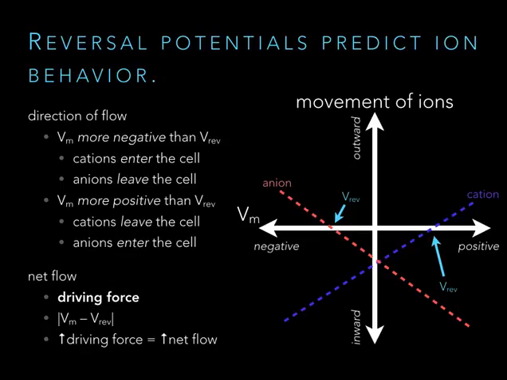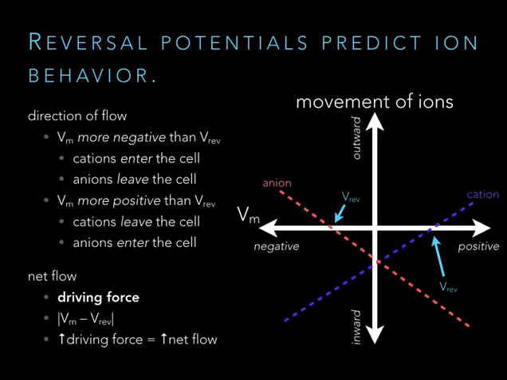enter. For a real-life example, if we're dealing with potassium, resting membrane potential is negative 70, but the reversal is negative 102. Therefore, the reversal potential is going to be more negative than the membrane potential. And since our membrane potential is more positive, that means that potassium is going to leave the cell.